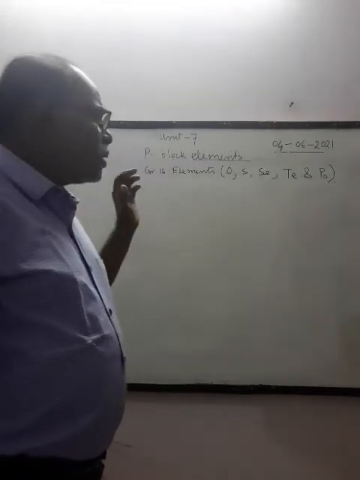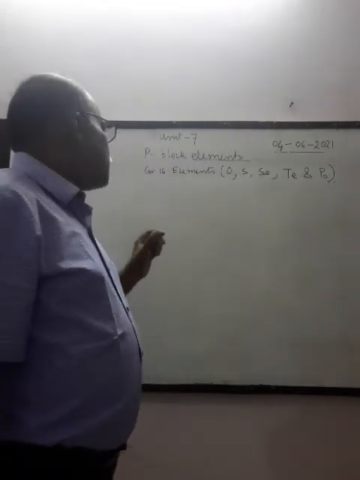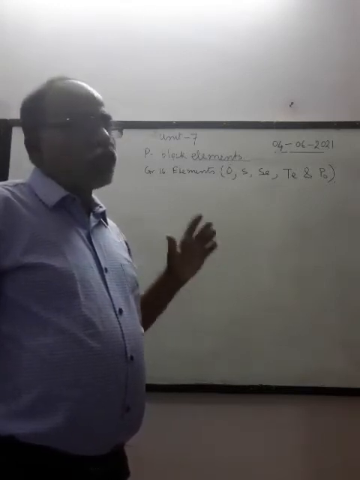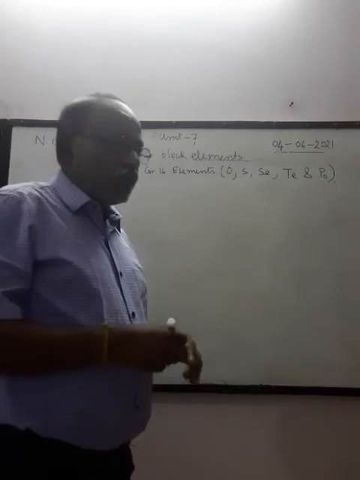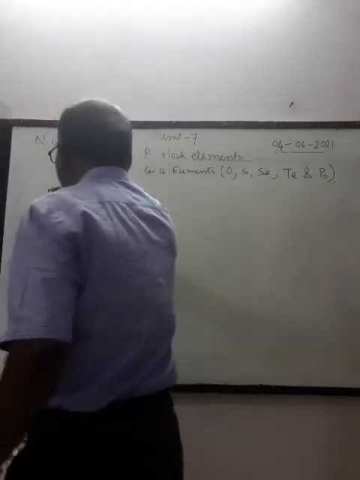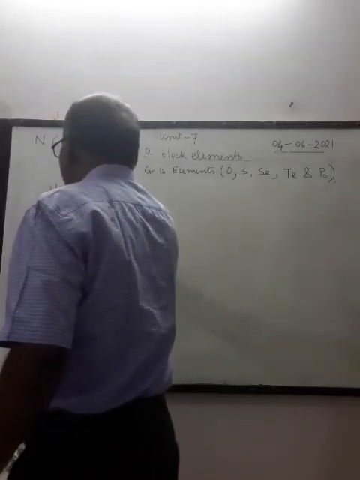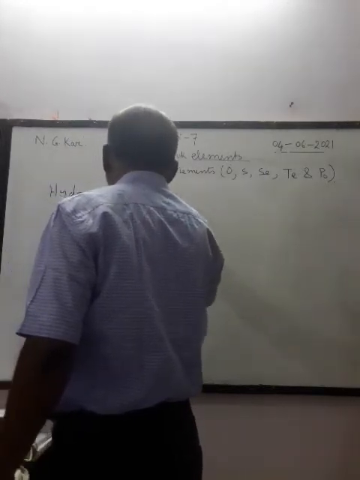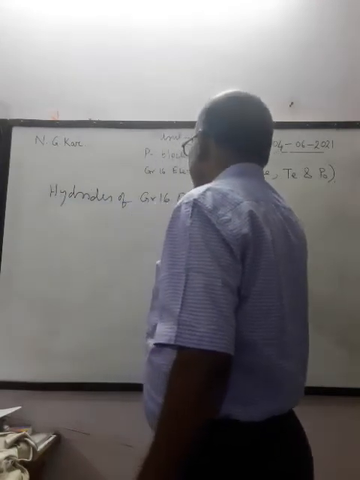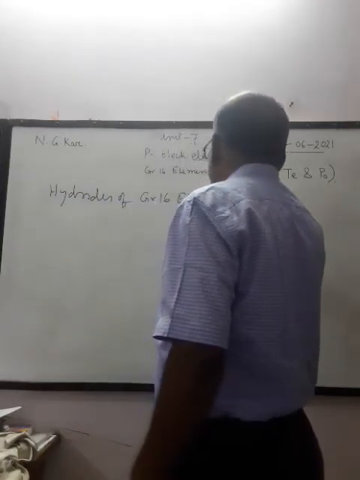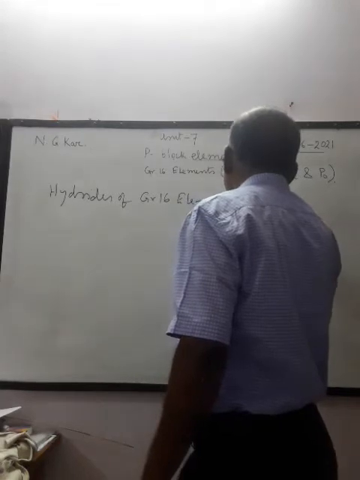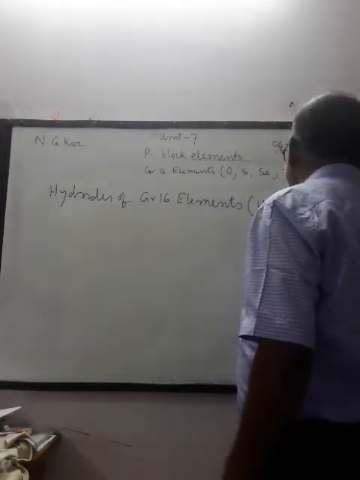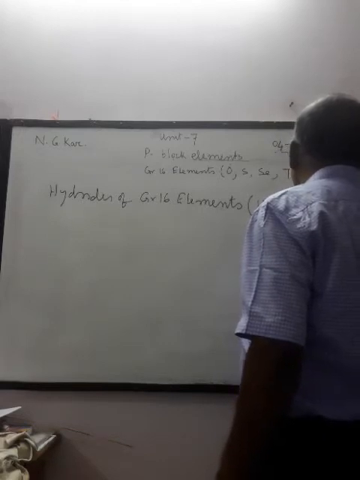In our last class we discussed hydrides of group 16 elements and their structure. The hydrides of group 16 elements are water, H2S, H2Se and H2Te.